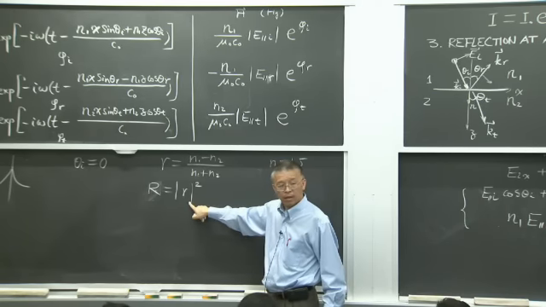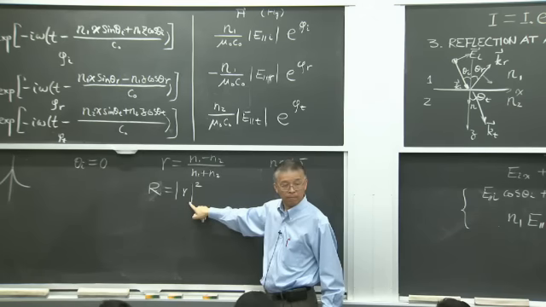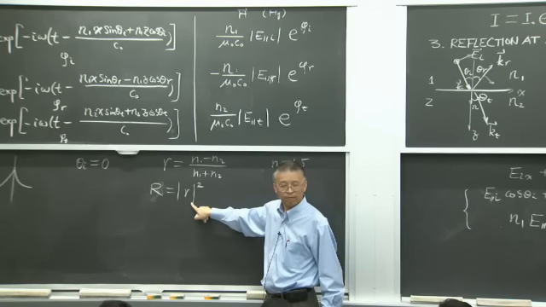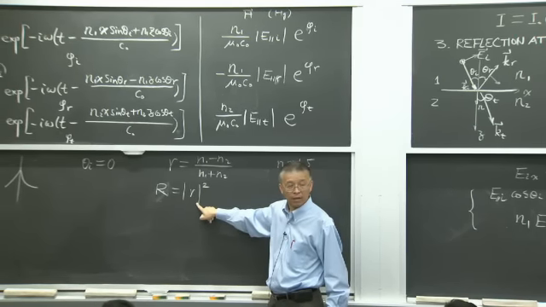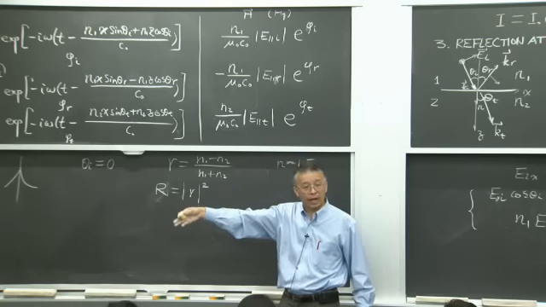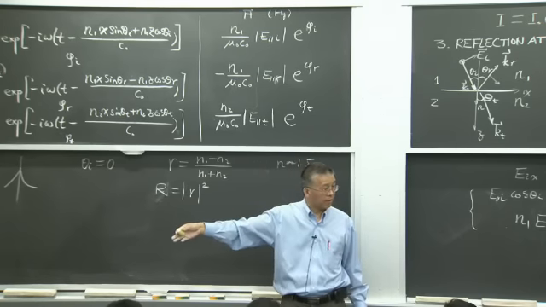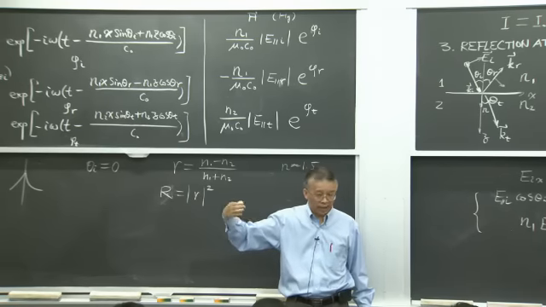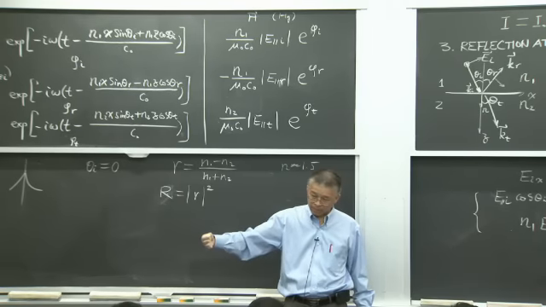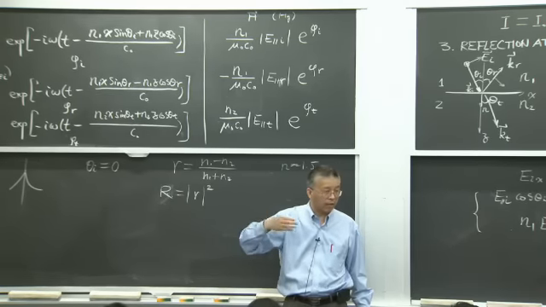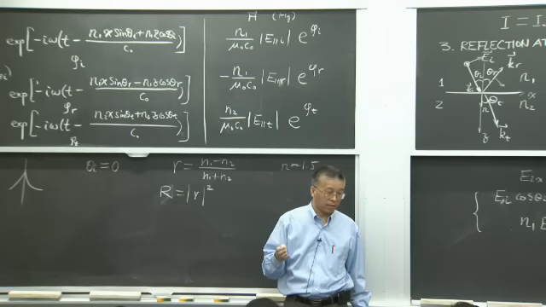Square, 1/25. 1/25 is what? 4%, right? So a typical glass interface gives you 4%, and glass has two interfaces. So that's 0.96 times 0.96. So glass transmittance is about 92 to 93%.